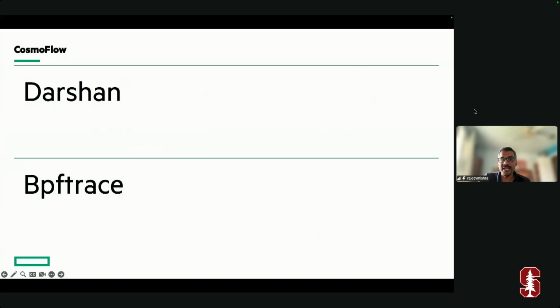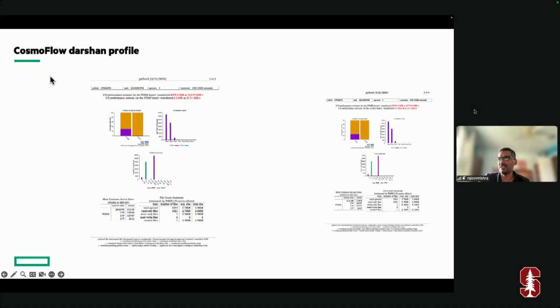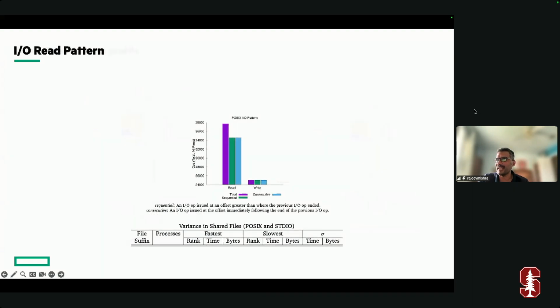So this is another workload which I wanted to do as part of this experiment. As we were using TensorFlow, I was able to use CosmoFlow. And here it is saying, again, most of the workload is read only, but there was a write piece which was very small. I'm not sure what it was, and I didn't go into the detail of what the write is about.